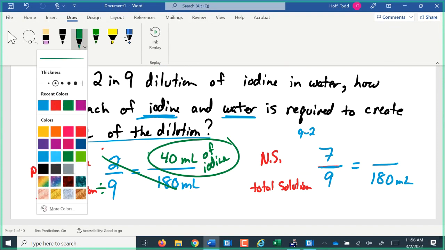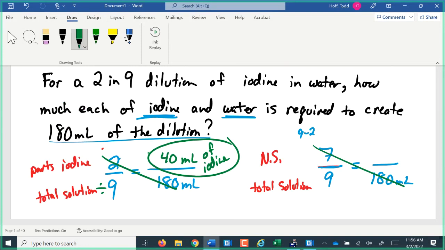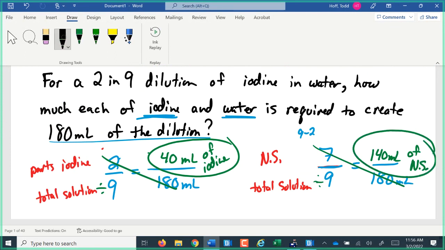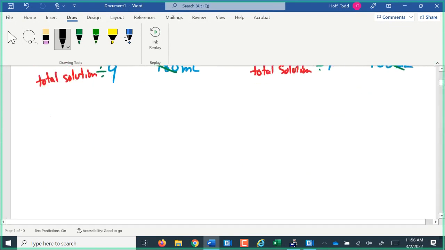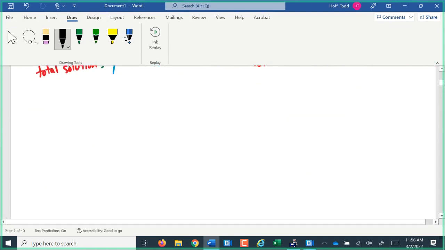So if we cross multiply and divide here, 7 times 180 divided by 9 is 140 milliliters of normal saline or sterile water going into that dilution. As I said, we have to be aware of all the different ratios acting in here.